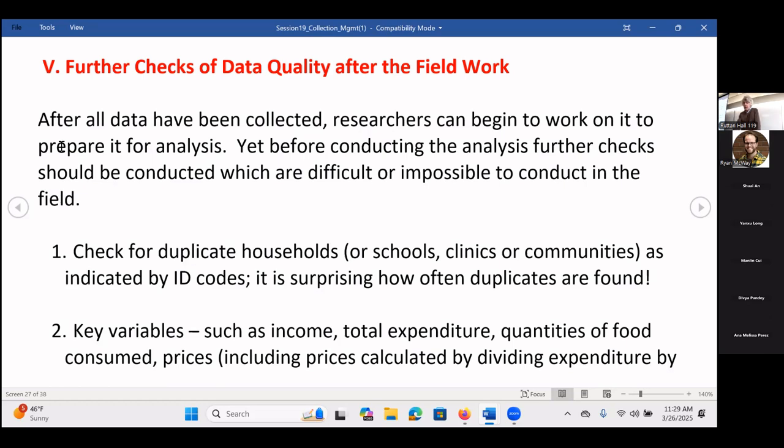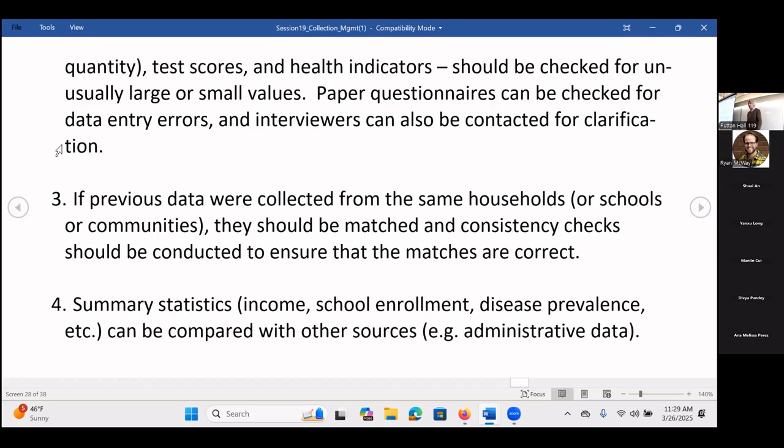You can also, after you're back out of the field, look at key variables that you want to check, income or total expenditure, or maybe food consumption, things like this, and look for outliers, strange values. One thing I used to do a lot in a survey in Vietnam is we asked people how much they spent on a certain food item and the physical quantity in kilograms. So we calculate a simple price with that, and then we check the distribution of that price data.